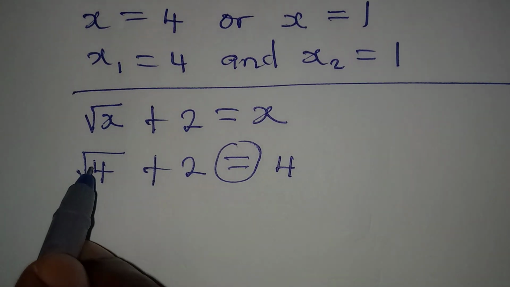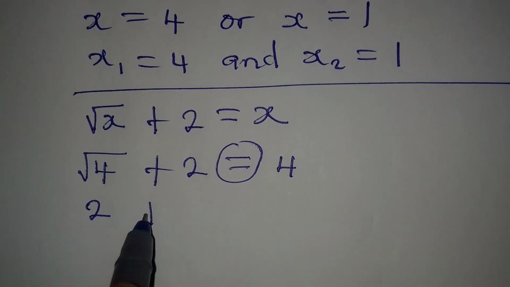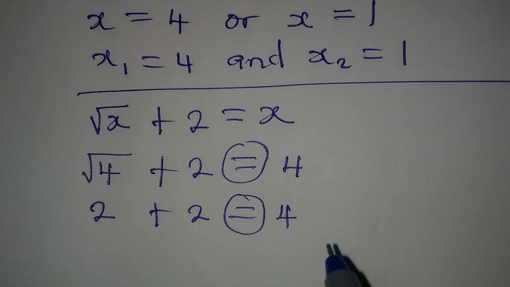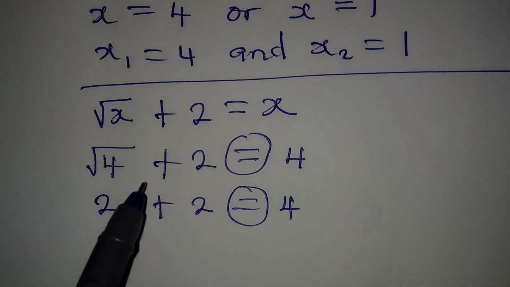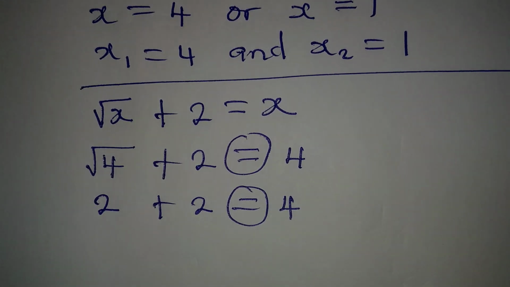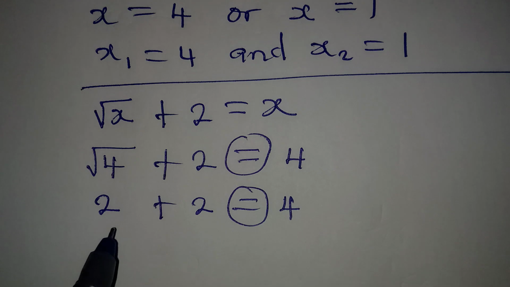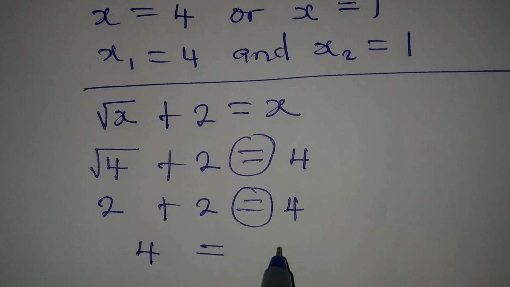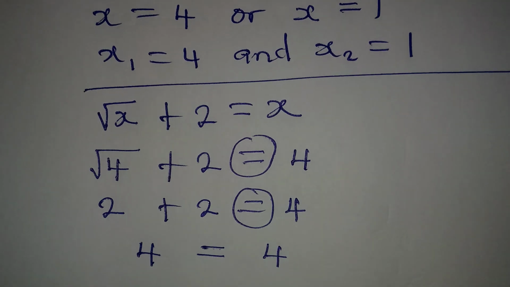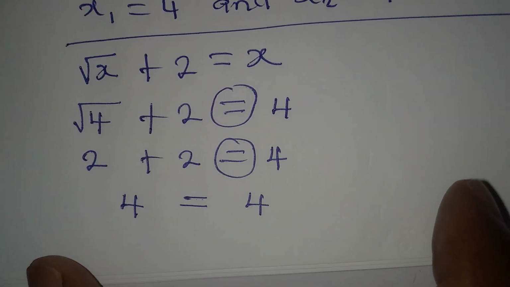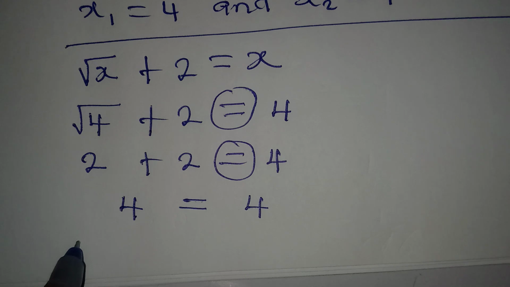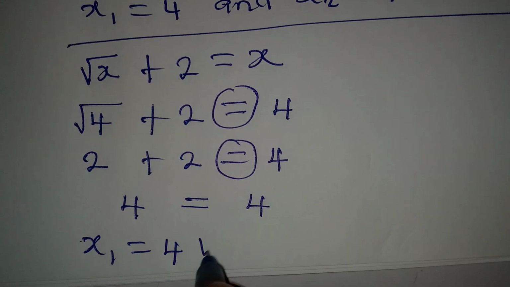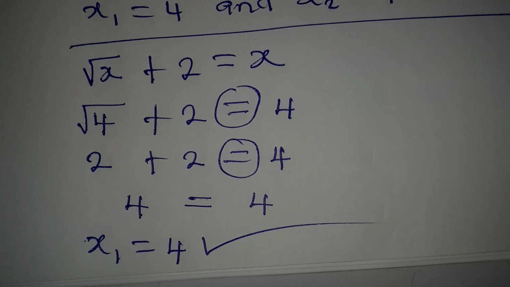From here, square root of 4 is 2 plus 2, right, equal to 4, which may not be equal, but then from here we already know that it's going to be equal, right, because we are having 2 plus 2, which is 4, and that is what we had on the right hand side. So we have confirmed that x1 to be equal to 4 is satisfying the equation.